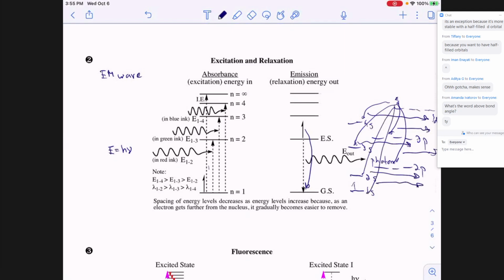So that's where you get the Lyman series, Balmer series, and the Paschen series.